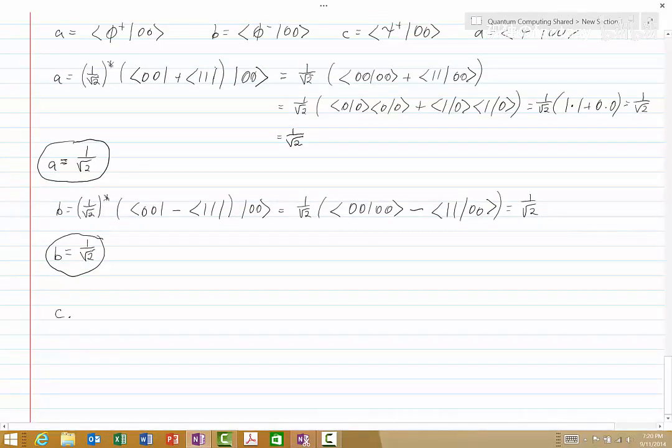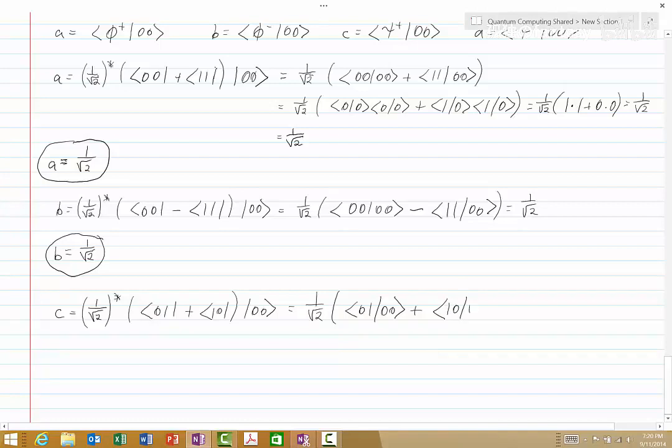And now for C, C is equal to the complex conjugate of 1 over square root of 2 times 0, 1 plus 1, 0, and then 0, 0 on the right. And this is, as usual, the complex conjugate of 1 over square root of 2 is just 1 over square root of 2. And now in the parentheses, we will have 0, 1, 0, 0, plus 1, 0, 0, 0.